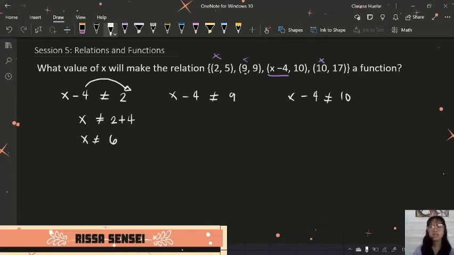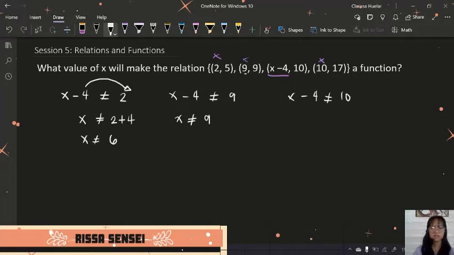So, kung merong choices, 6, 10, 12, 18, hindi mo pipiliin yung 6. Hindi dapat siya maging equal sa 6, kasi magiging kaparehas niya yung 2. Yung isa naman, ano pa yung restriction?